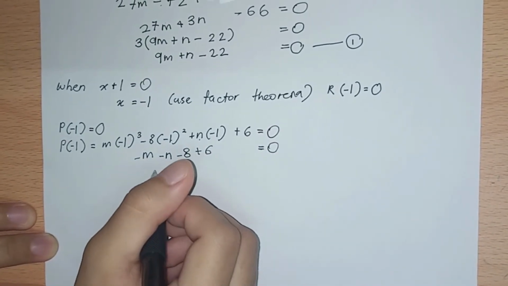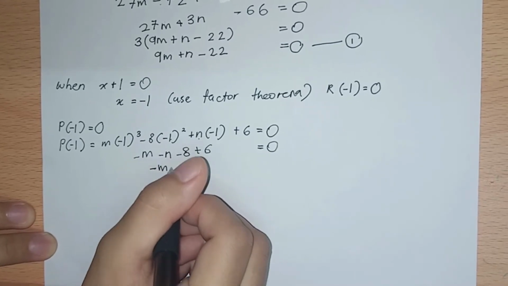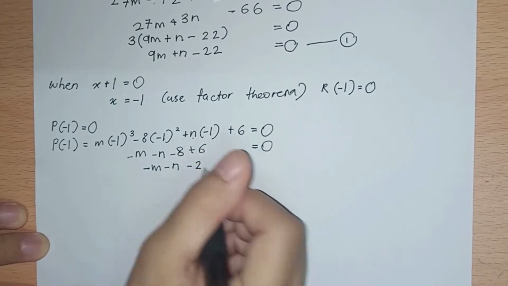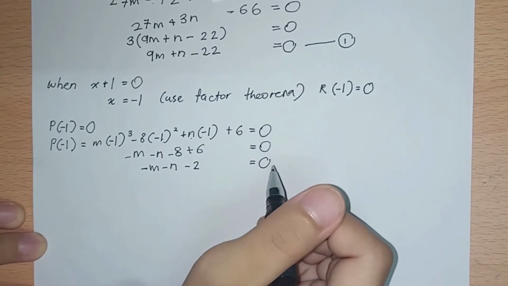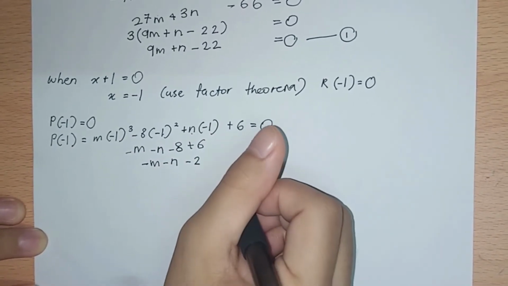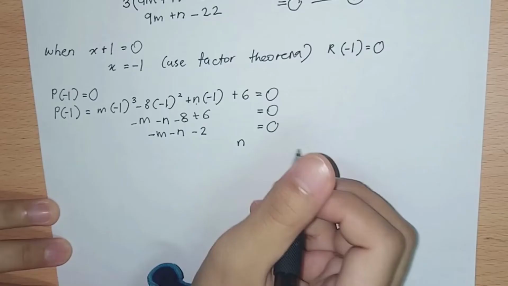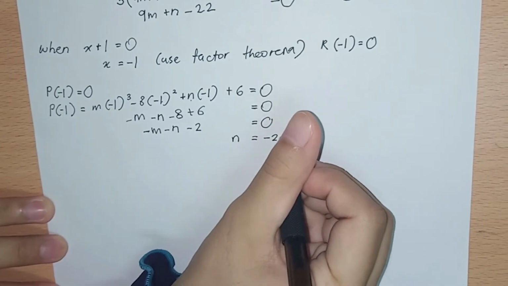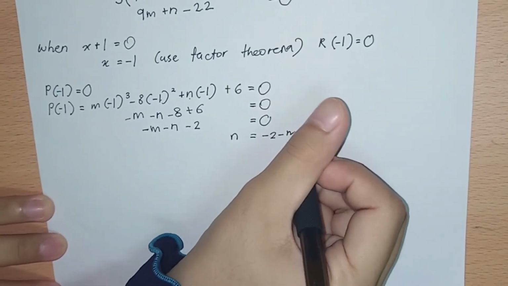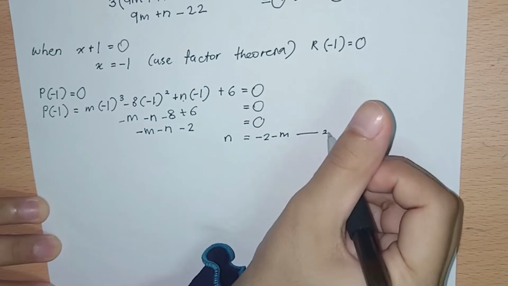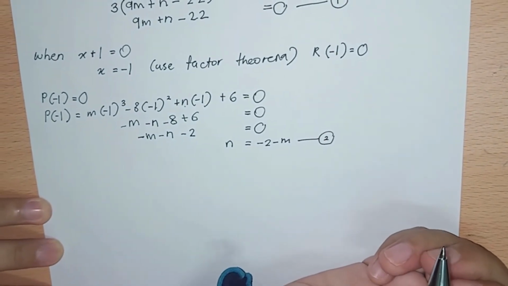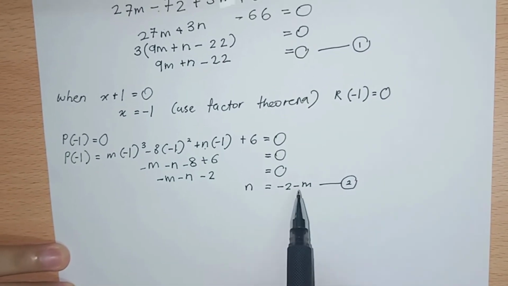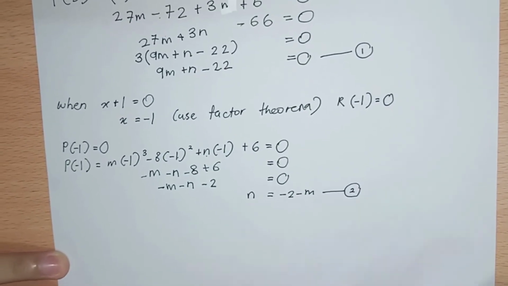So it will be −m − n, negative 8 plus 6 will be −2 equal to 0. So we let n be equal to −2 − m. This is the second equation. So from these two equations, we can find the value for m and n.